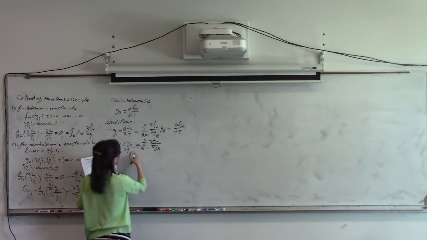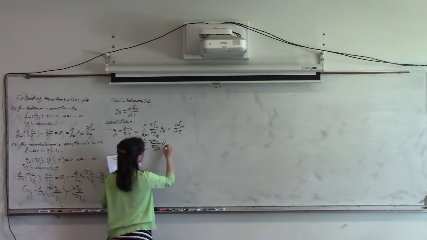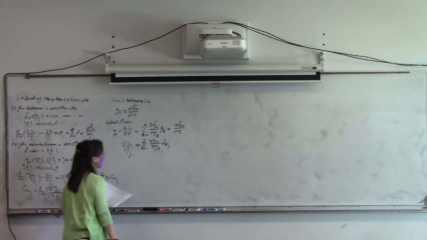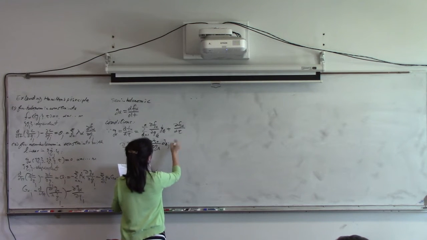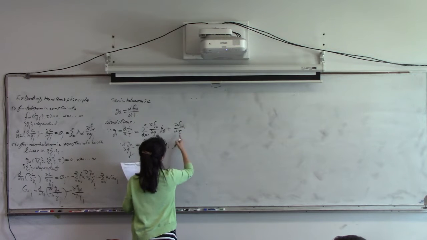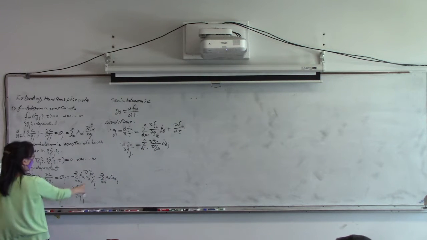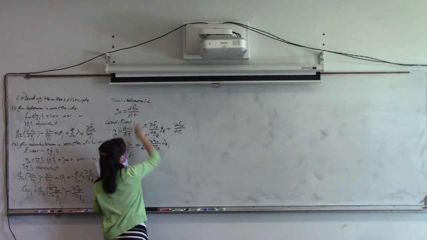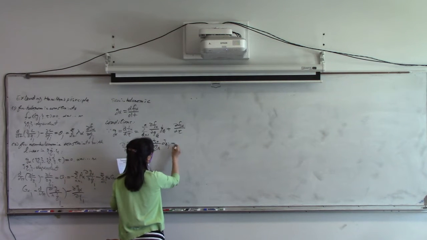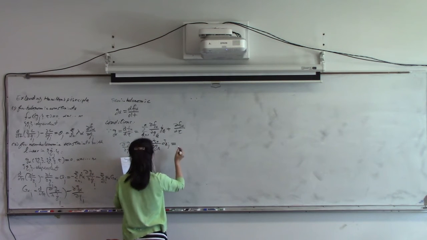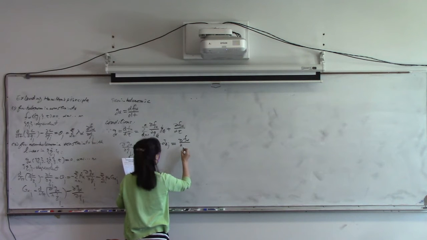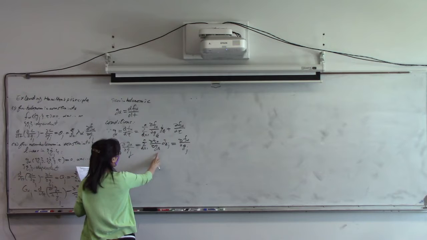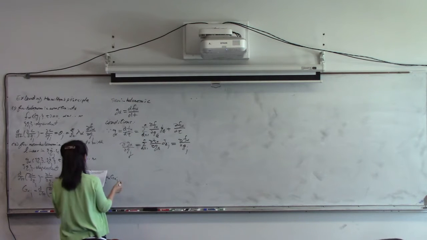And this one, only when k equals j. Because f does not depend on the generalized velocity, only k produces this, and the summation disappears.